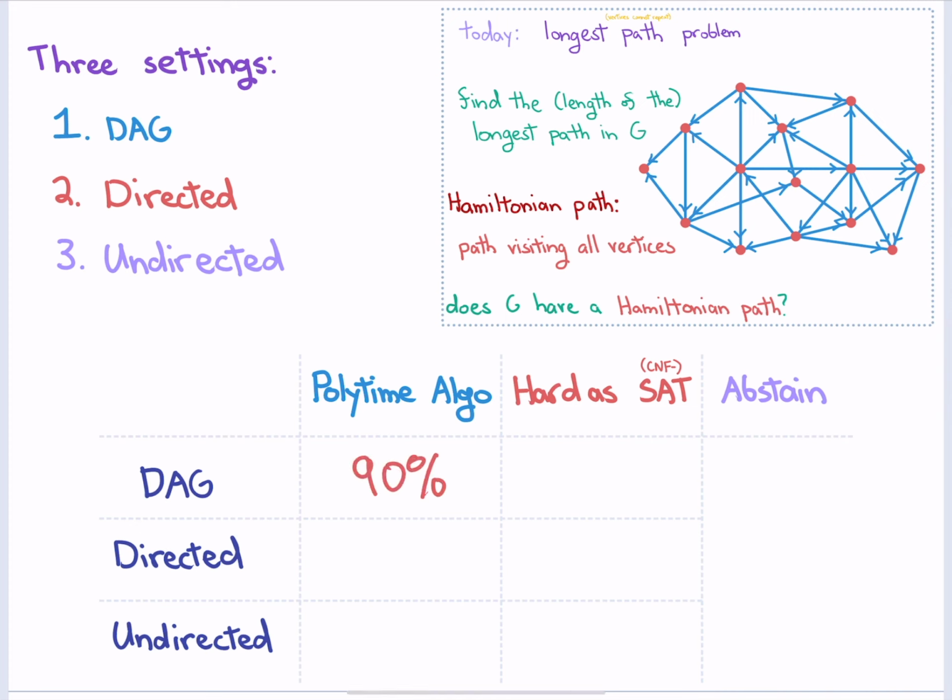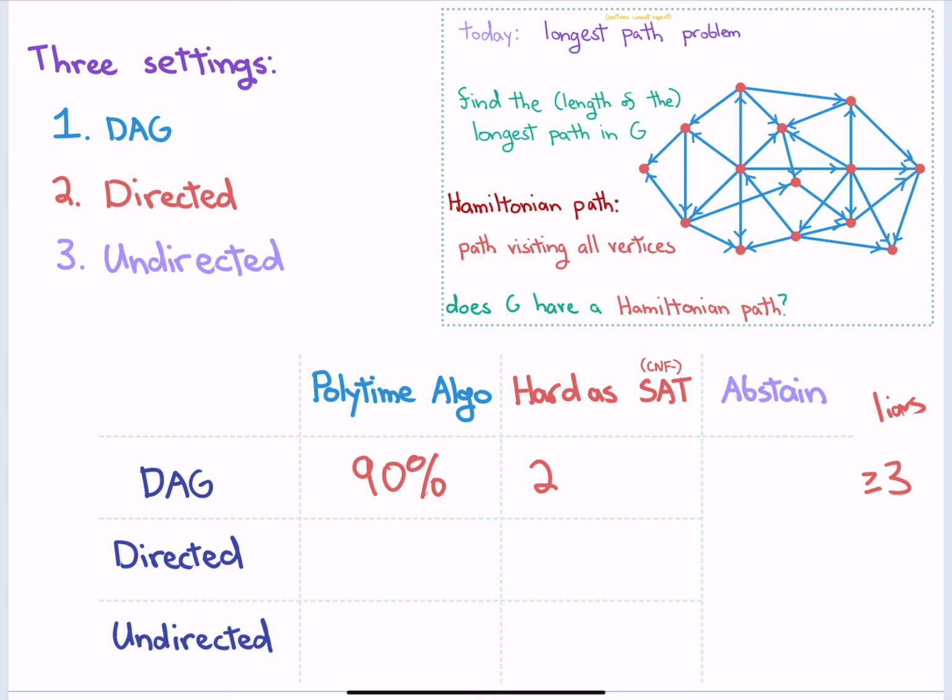All right, and who thinks it's going to turn out to be tough? 2. Definitely some liars. I know at least 3 of you that I spotted. Okay, so most of you think that for DAGs, we can do something constructive.